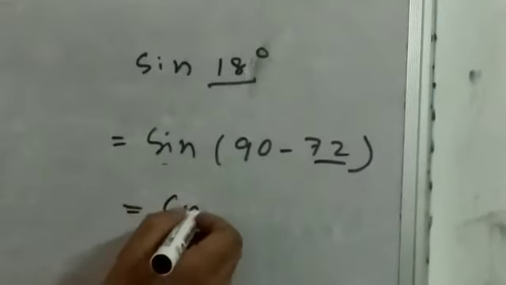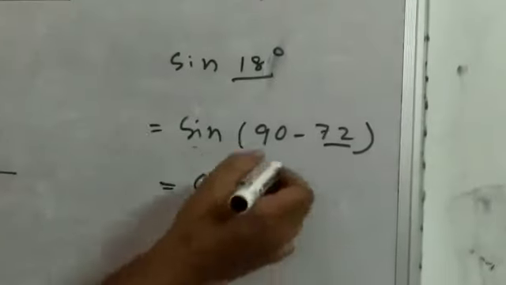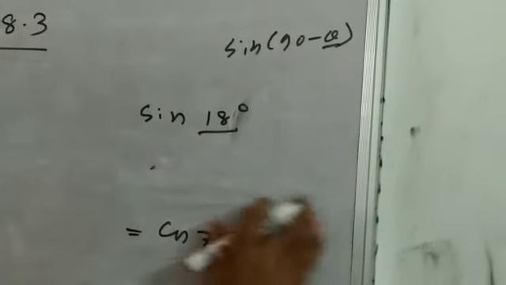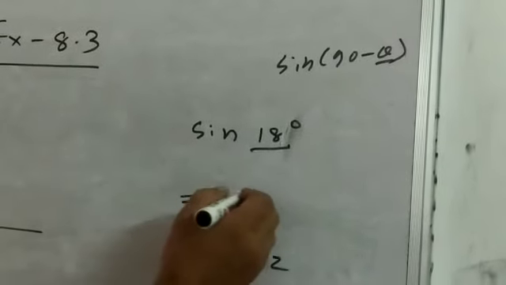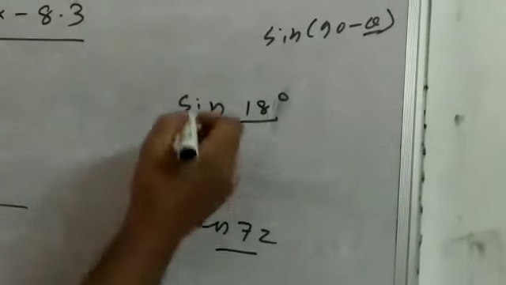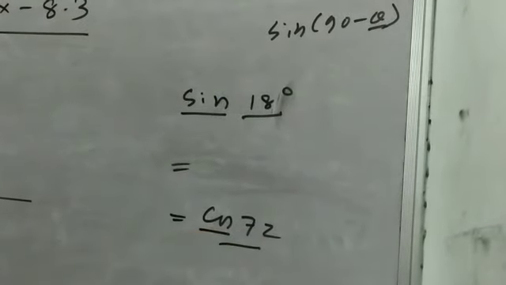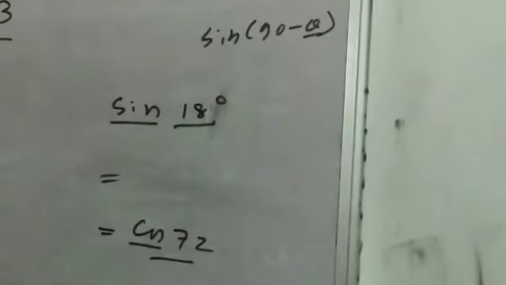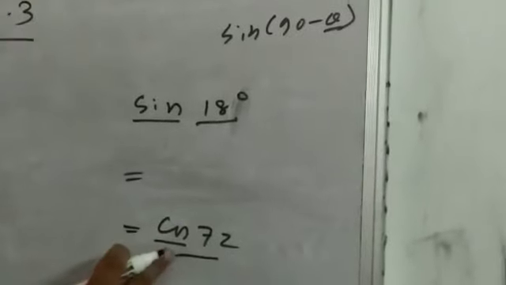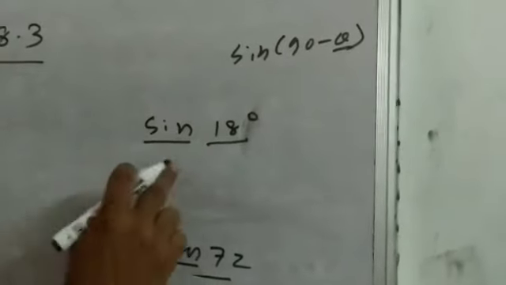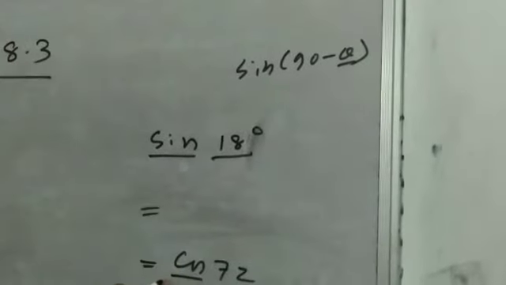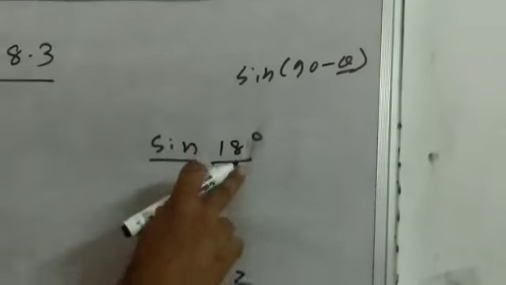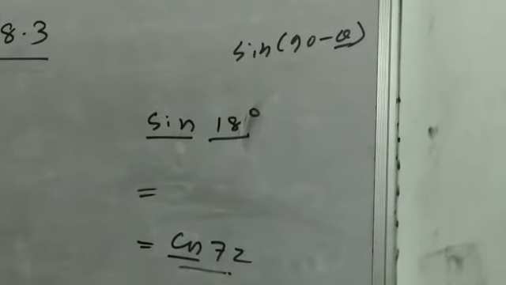The formula gives cos 72. Or there is a short method: even if you don't write this line, you can find it directly. From the formula, the complement of sin is cos, which we know, and the complement of 18 is 72, because 72 plus 18 is 90. So this line can be written directly.